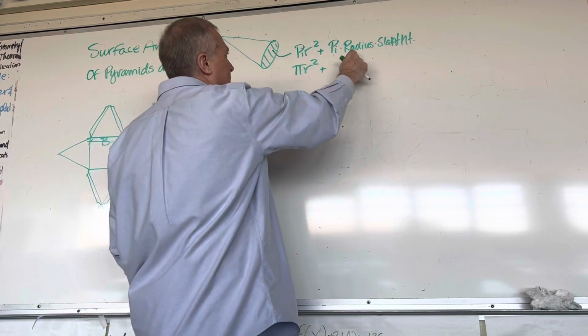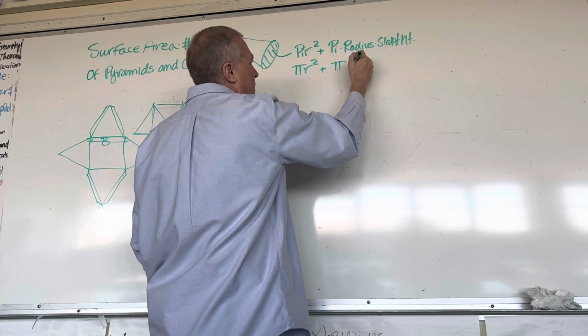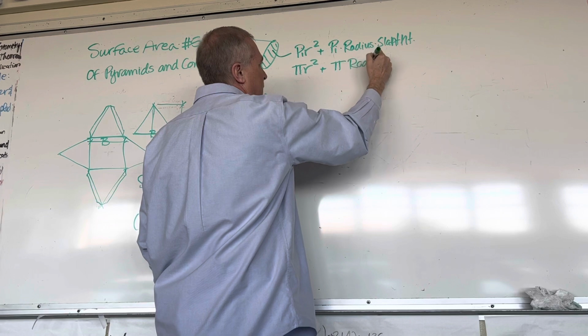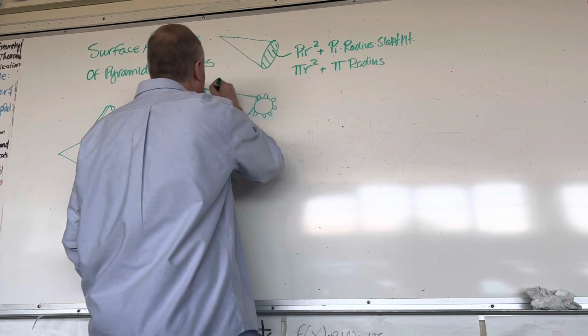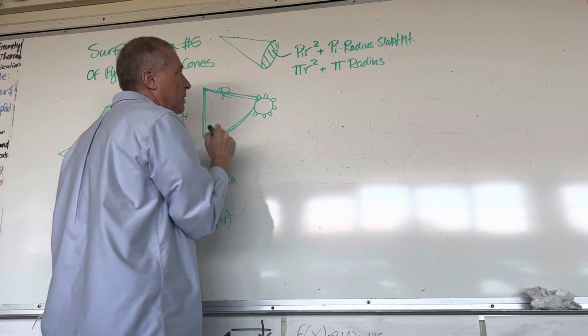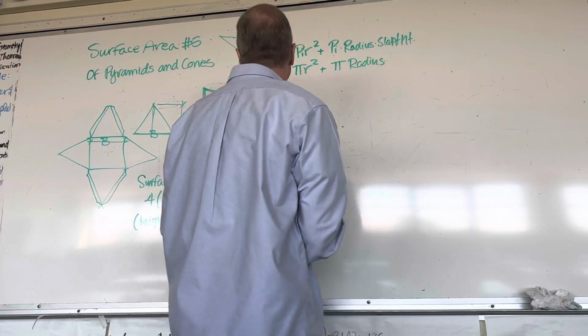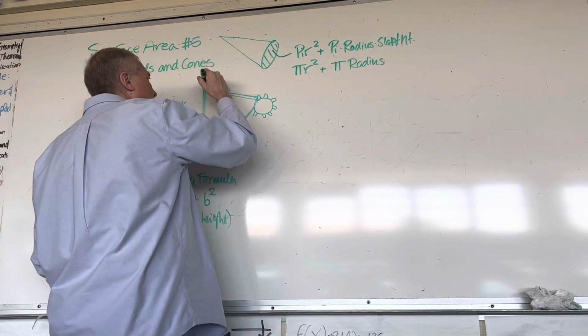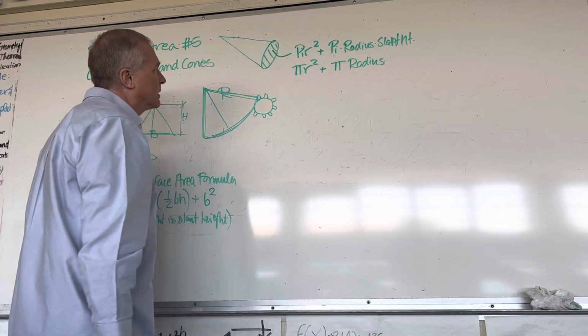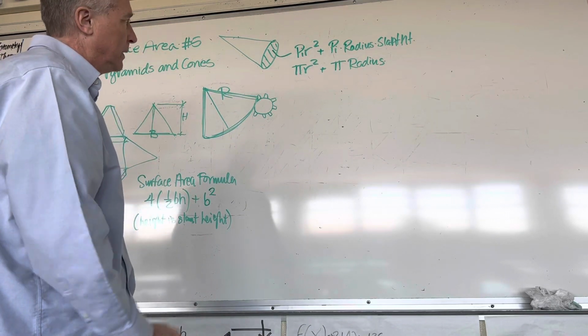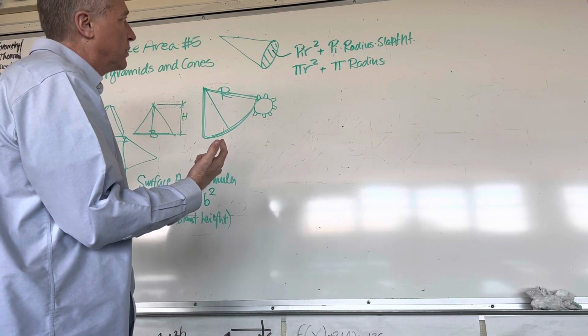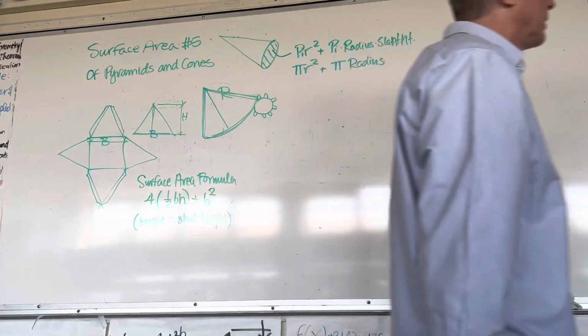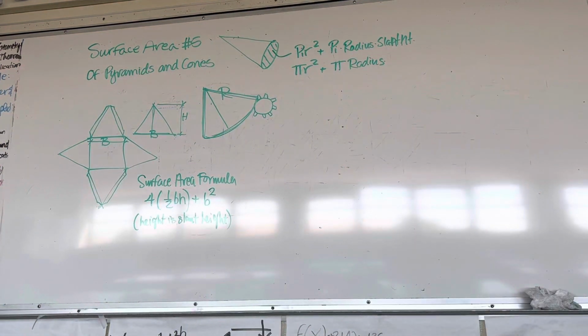So what we have is pi, the radius being this distance from here to here, r, and times the slant height, which is this distance here from here to here. But isn't that the radius squared? It is. I better check that one and get back to you on that one. Pi radius, oh, let me check it right here. So, pi radius slant height.